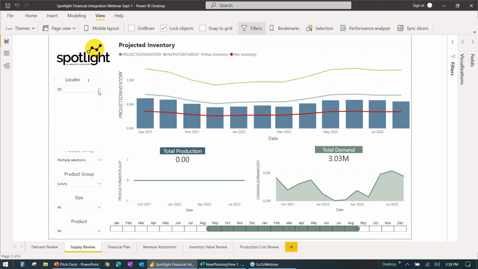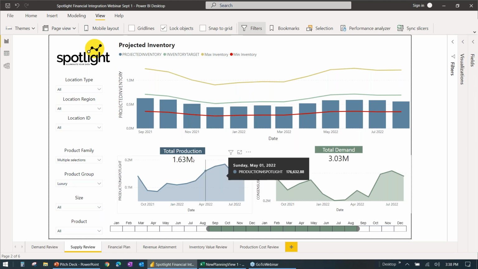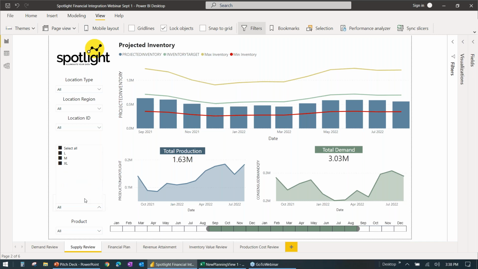I'm going to take this off the DC, sorry. I'm going to leave everything. So you can see for luxury, I've brought everything in here, and this is what my plan looks like for my total production and my total demand, as well as my inventory projections for this particular product family. I can then break that down even further and say only give me the XLs.